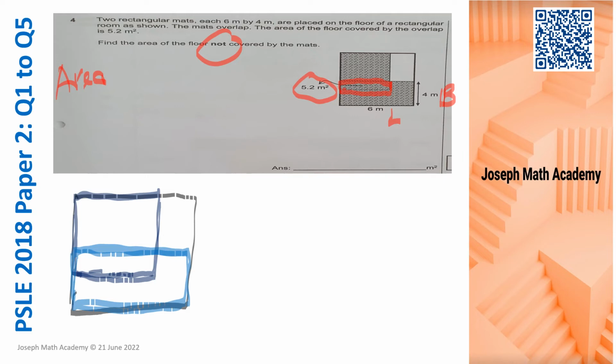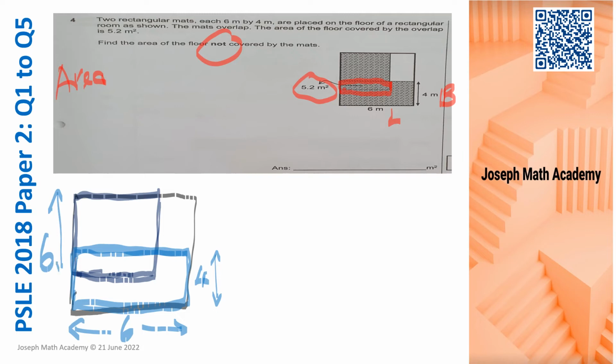Okay. Now I'm going to put in all the information. So this is 6 meters. This is 4. Then this is for the mat that is lying down. Then for the mat that is standing up, this is 6. Oh, my apology. 6 ends here.